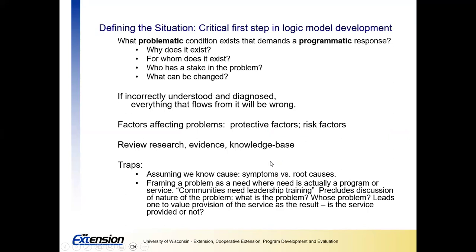So when we talk about the situation, the first block, that is what programmatic condition exists that demands a programmatic response. This is when we talk about why does it exist, for whom does it exist, who has a stake in the problem, and what can be changed.